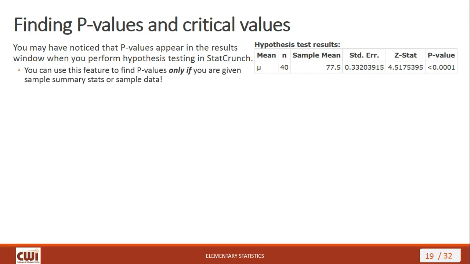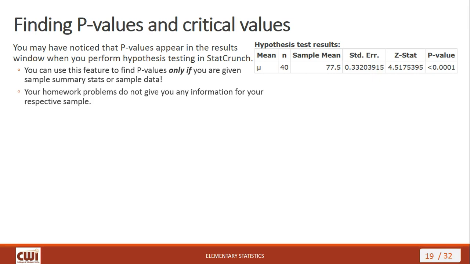You need either summary stats or the actual data itself to get to this results window in StatCrunch, because these are inputs required in the options window. So you can't get the p-value using the hypothesis test method in StatCrunch unless you have summary stats or sample data. If you have neither, then you have to go back to your distribution calculator to get your p-value.